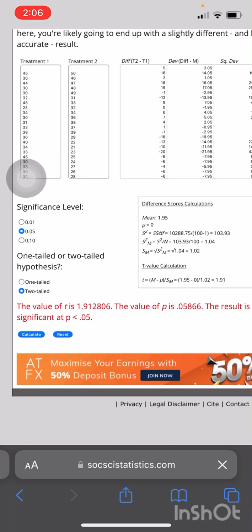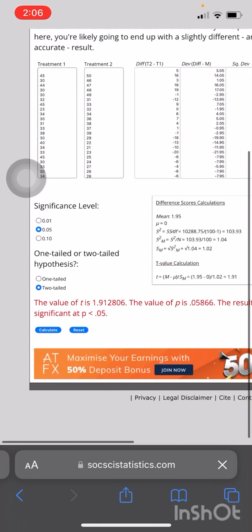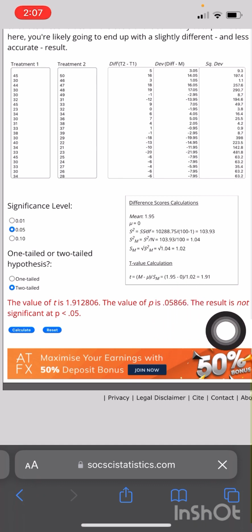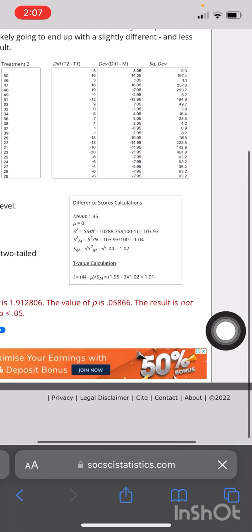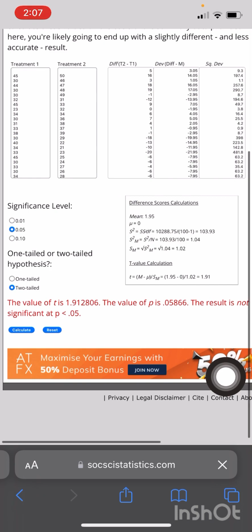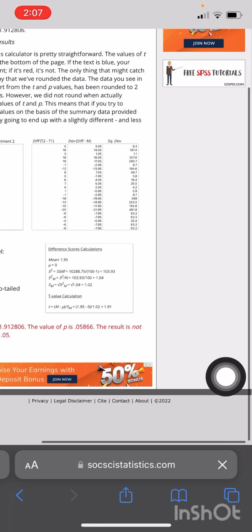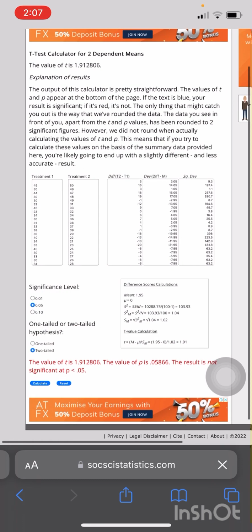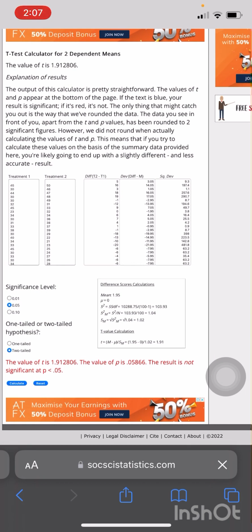The value of t is 1.91. Since the p-value is greater than 0.05, the null hypothesis is accepted.